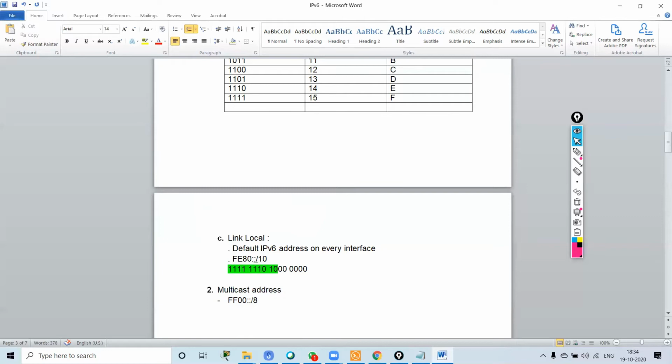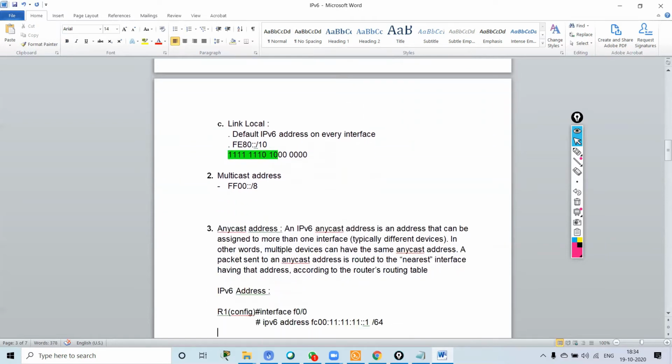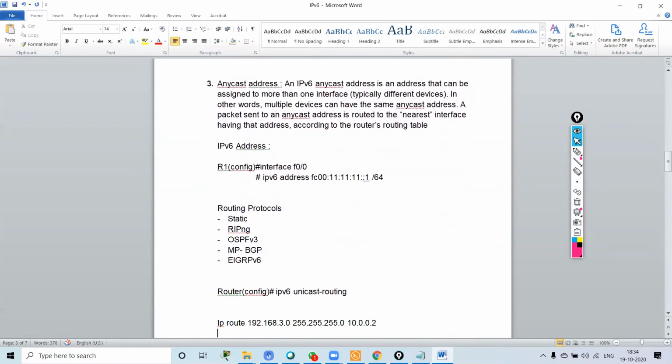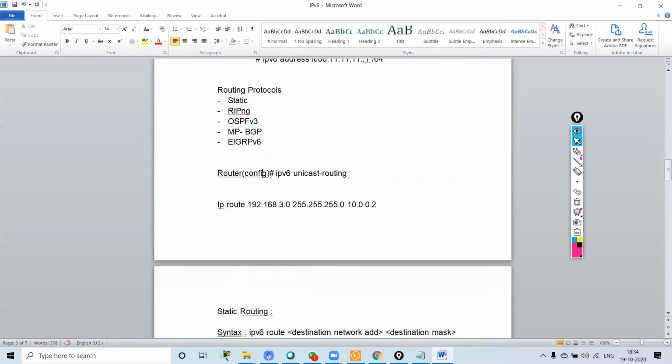In this way, we are having multicast address over here also. It will be starting with FF00::/8. Understood? FF00::/8. Got it?